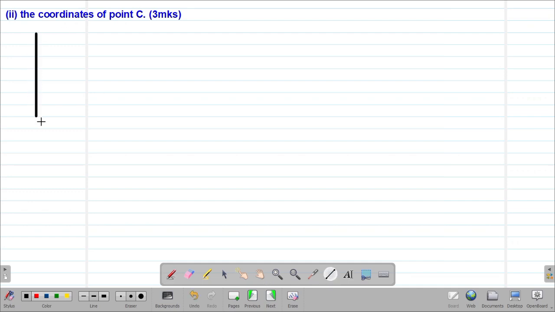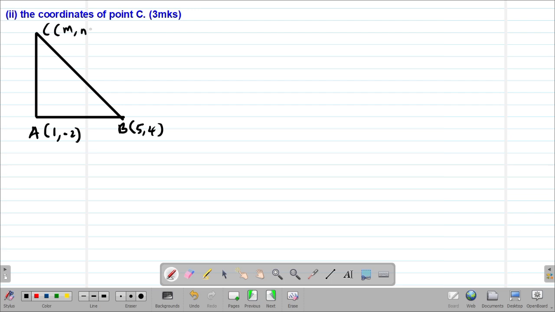So we had point A, point B, and also the point C. Point A had the coordinates 1, negative 2. Then we also had point B here, which had the coordinates 5, 4. Then we had the point C here, which had the coordinates m, n.